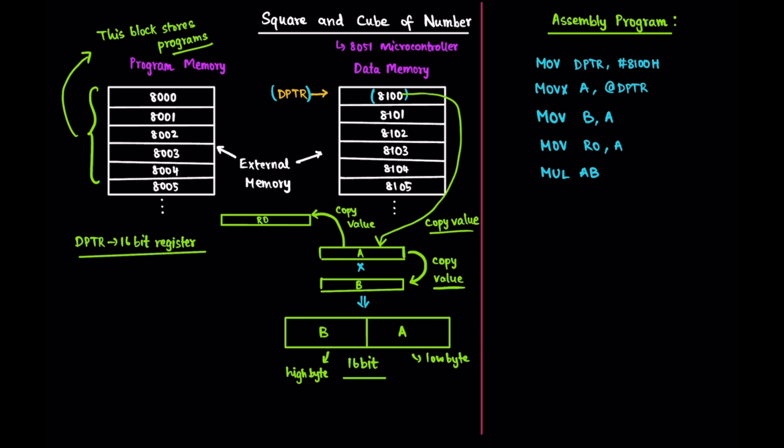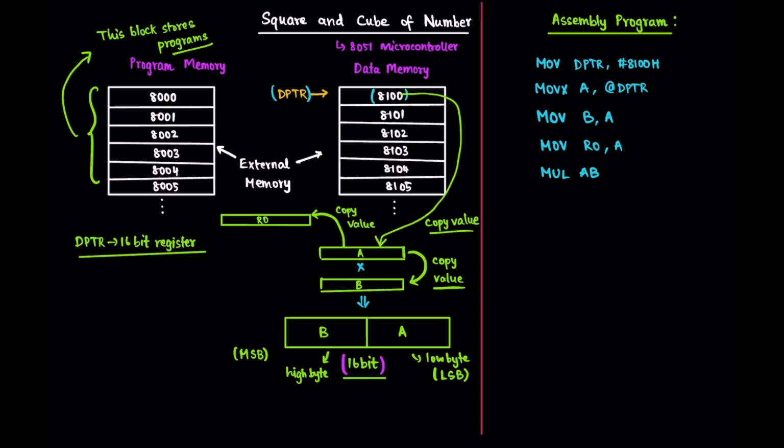The high byte is also known as the most significant byte, and the low byte is called the least significant byte. In total, this is a 16-bit result, and the high byte is stored as the MSB and the low byte is stored as the LSB.